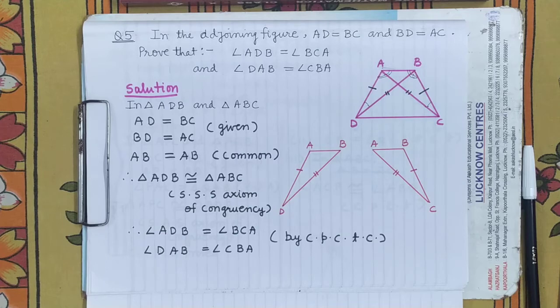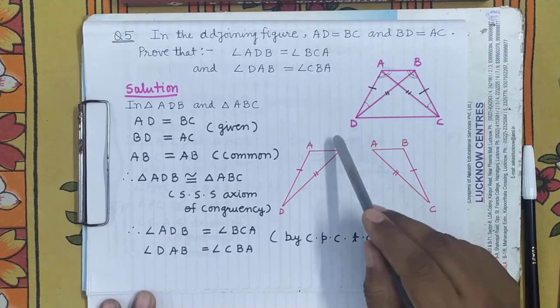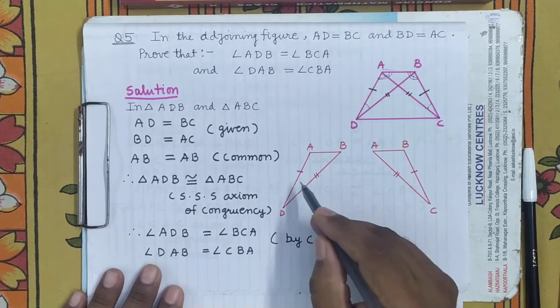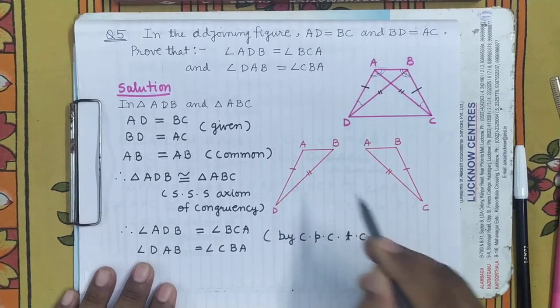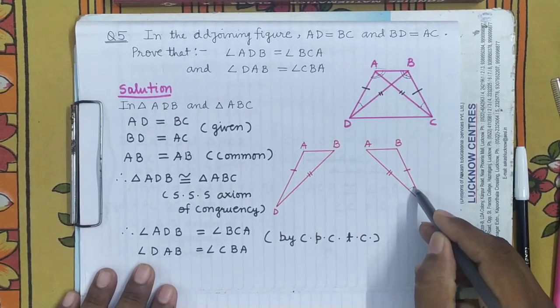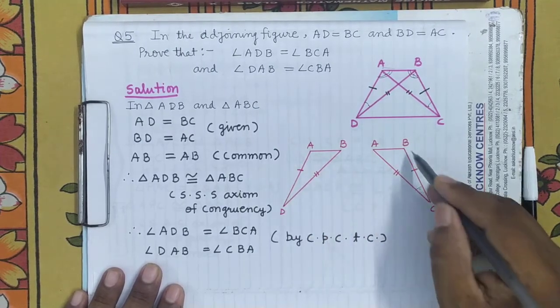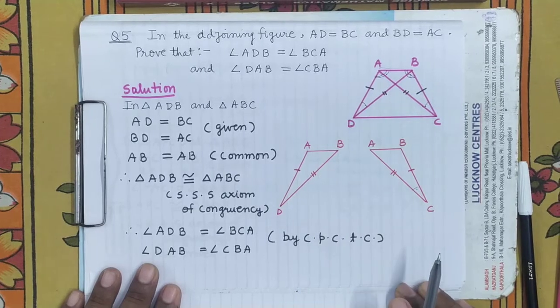And when they are congruent, this and this will be equal. Why will they be equal? Because the first and second sides are including this angle. So angle ADB is equal to angle BCA.